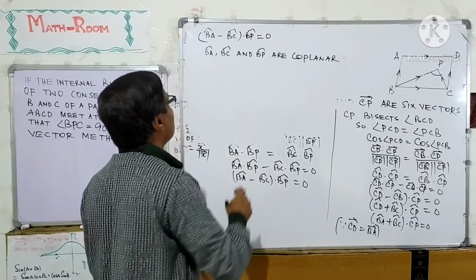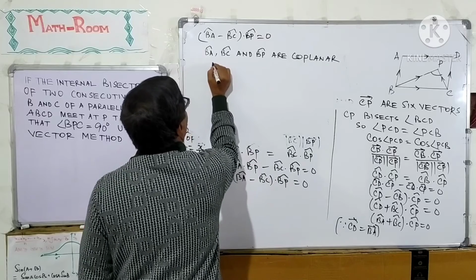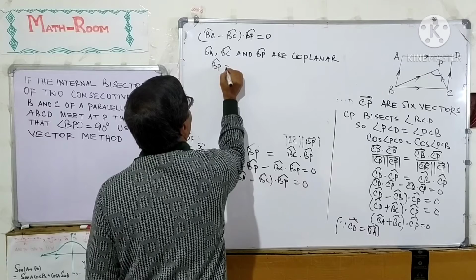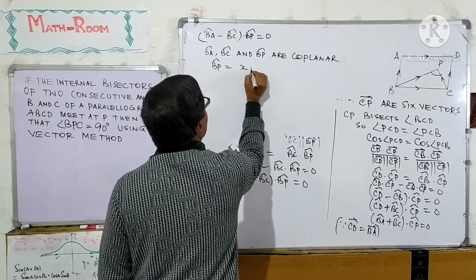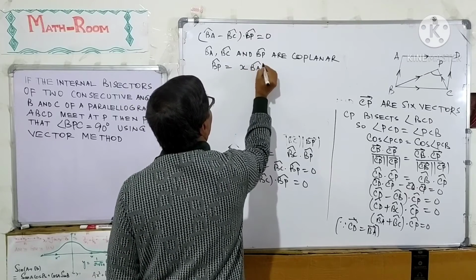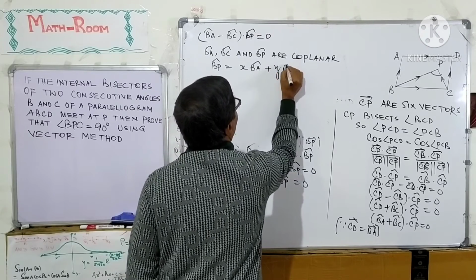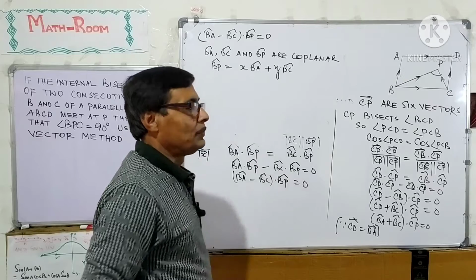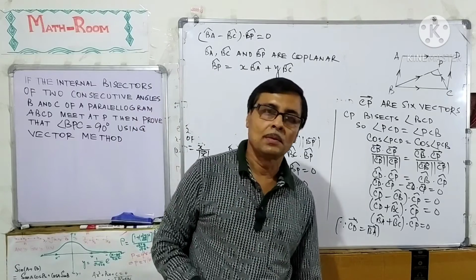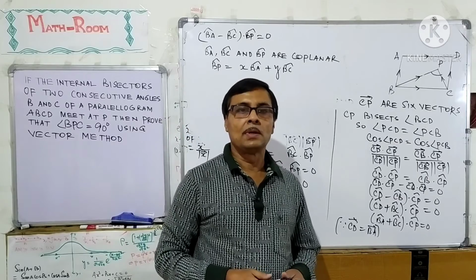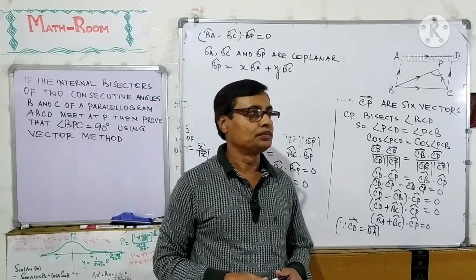So, we can write BP cap equal to x BA cap plus y BC cap. If three vectors are coplanar, then any of them can be expressed as a linear combination of the other two.